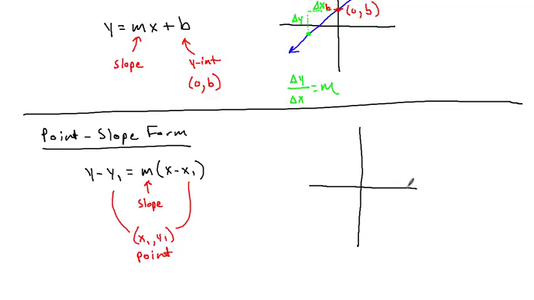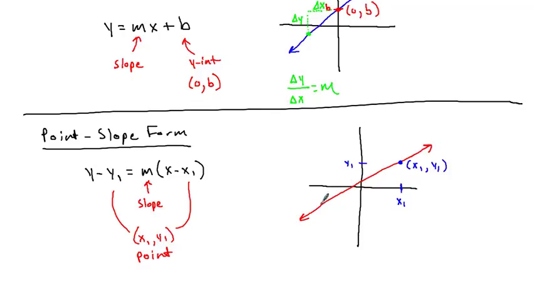All right, so here's our little XY plane. We're going to draw another line on it. And so we'll have a point out here. This will be point x1, y1. And you know that that corresponds to this x value and this y value.